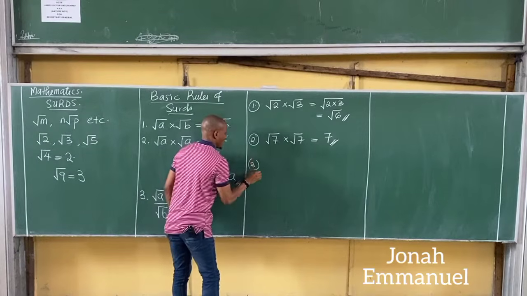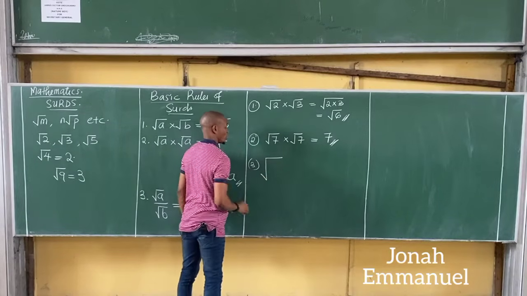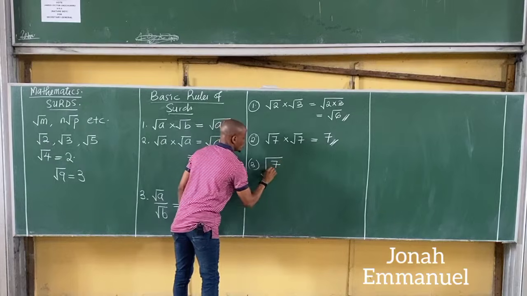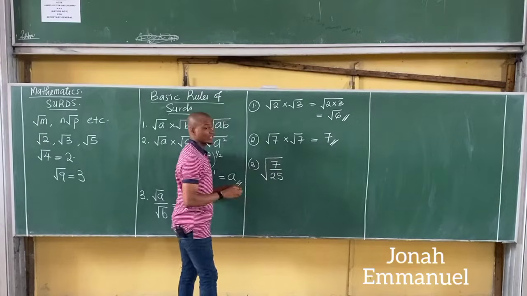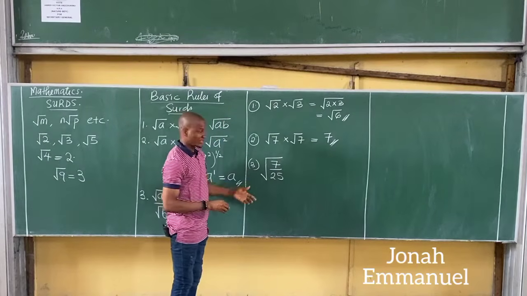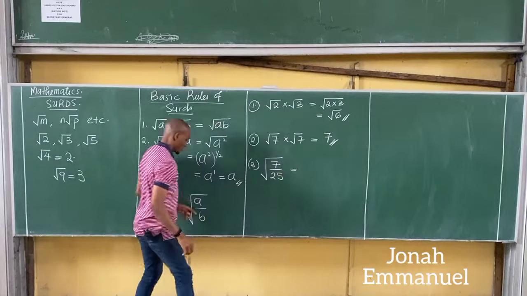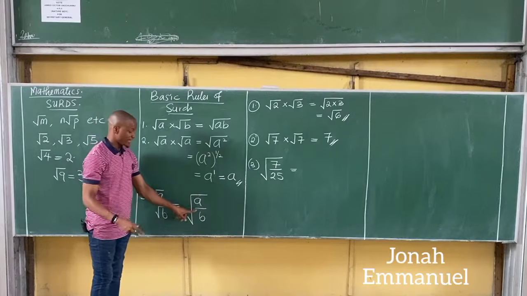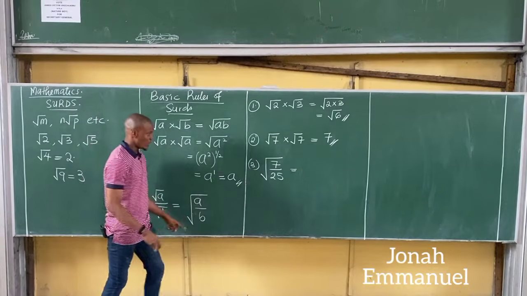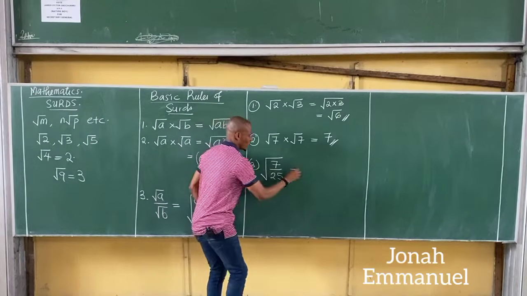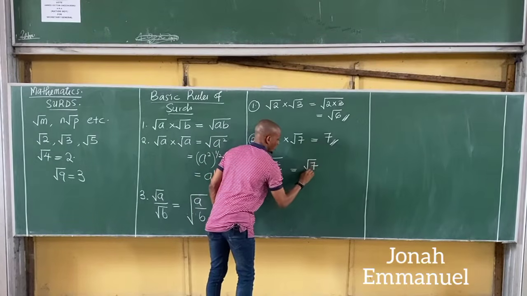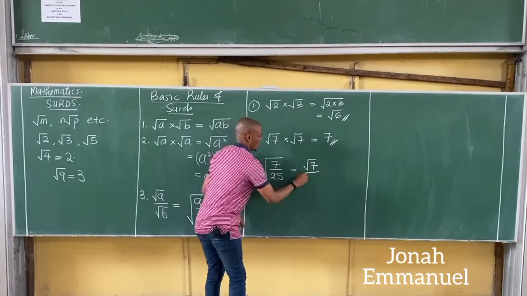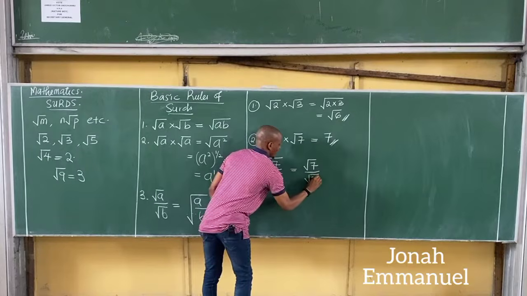Number 3, if I have, let's say, square root of 7 over 25, for instance, how do I simplify this? For terms like this, it becomes square root of the numerator all over square root of the denominator. So it becomes root 7 all over root 25.